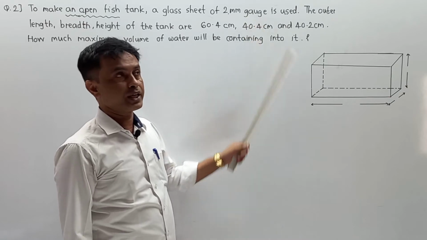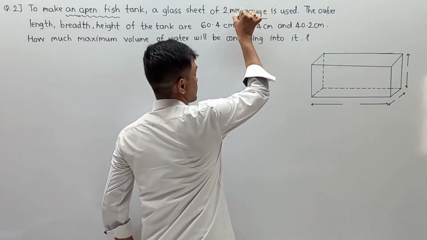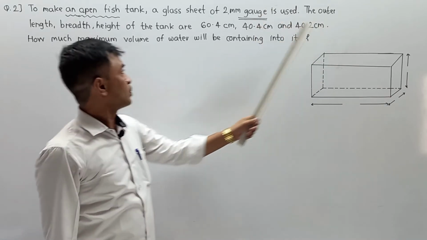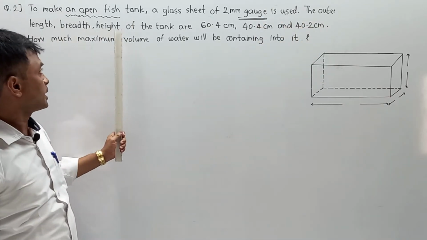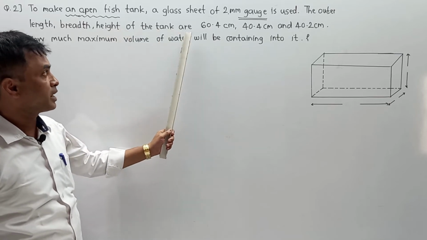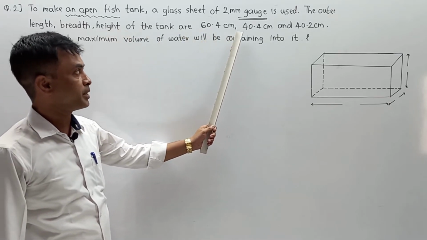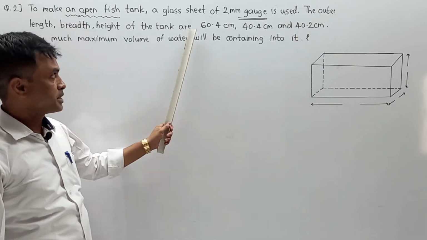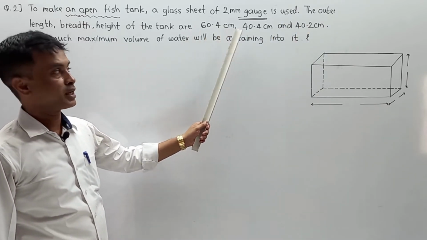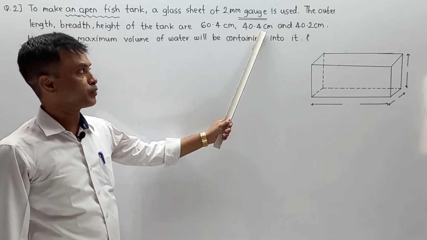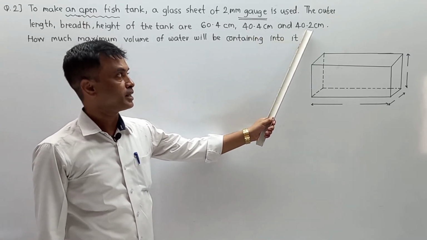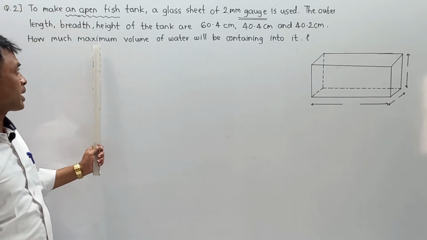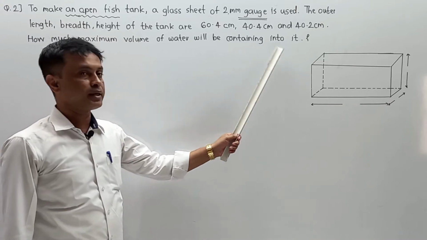The outer length, breadth and height of the tank are 60.4 centimeter, 40.4 centimeter and 40.2 centimeter, meaning length is 60.4, width is 40.4 and height is 40.2 respectively. How much maximum volume of water will be contained in it?